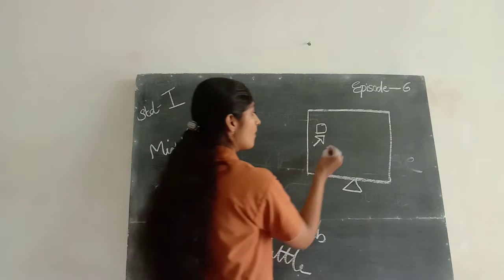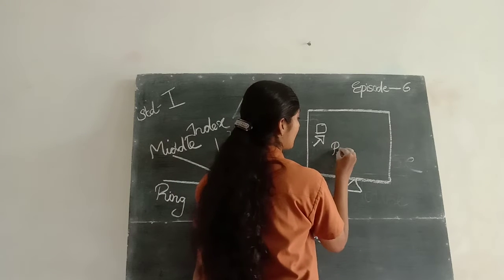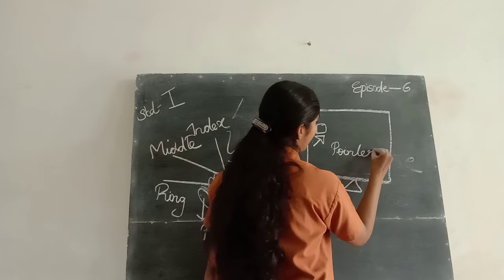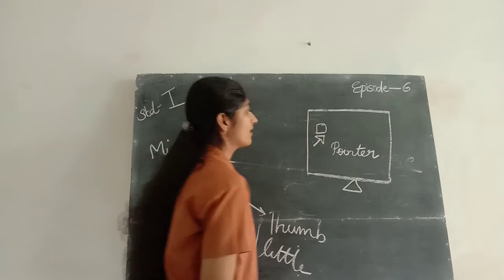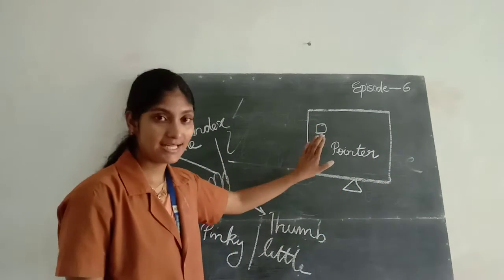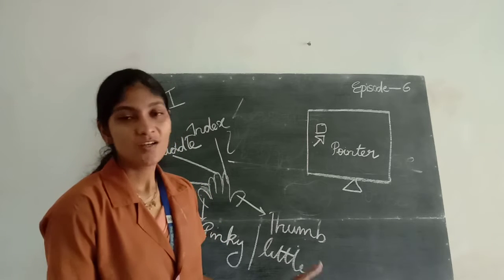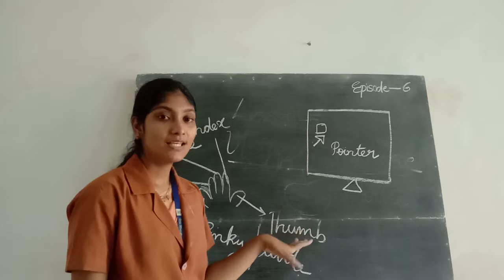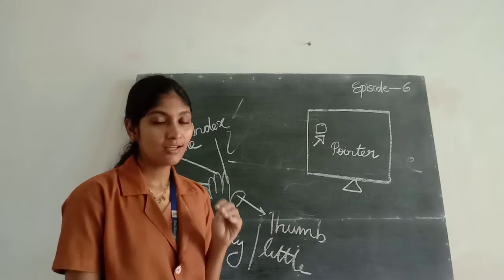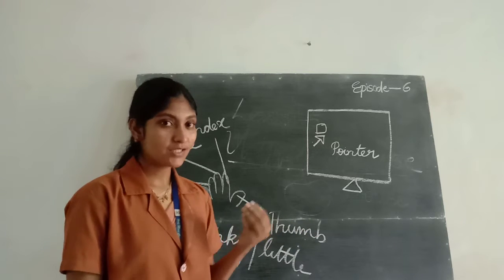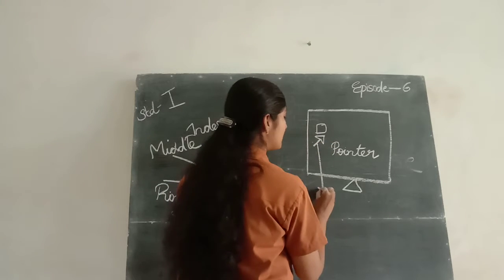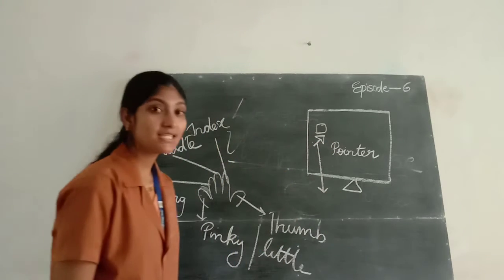What is that? Pointer. P-O-I-N-T-E-R. There is a pointer which is attached to the screen. So, that's why mouse is called pointing device.